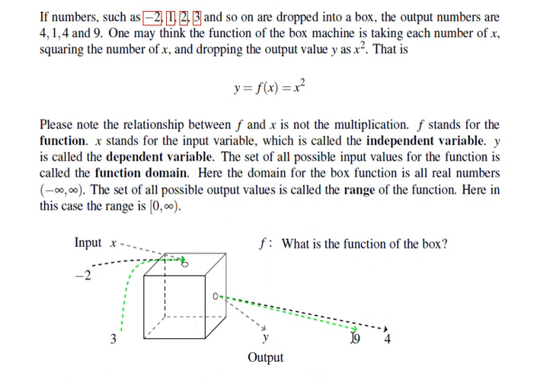We get 9 out. So from -2 you get +4, which is -2 times -2, which is -2 squared. From 3 you get 9, which is the number 3 times itself, which is 3 squared. And then you get 9.